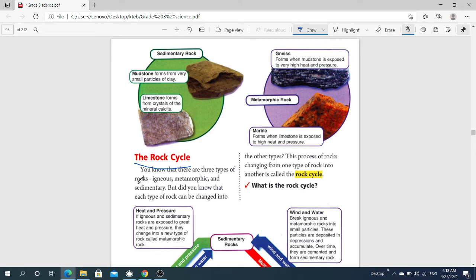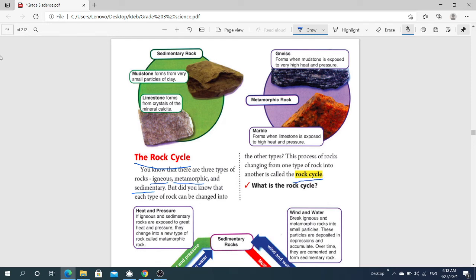We have how many types of rock? Number one, igneous; second one, metamorphic; and the third one is sedimentary. But all of them are changed to a new type. This process of rock changing from one type of rock into another is called the rock cycle.